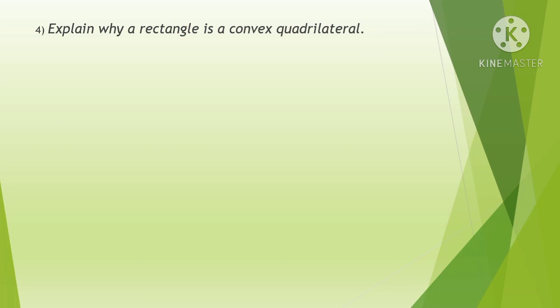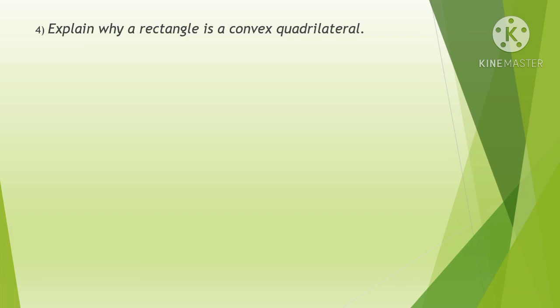The next question: explain why a rectangle is a convex quadrilateral. You want to give the explanation why a rectangle is a convex quadrilateral. Before that, what is a convex quadrilateral, children? What is convex? We have studied this word. You remember convex polygon. Convex means each of its interior angles is less than 180 degrees.